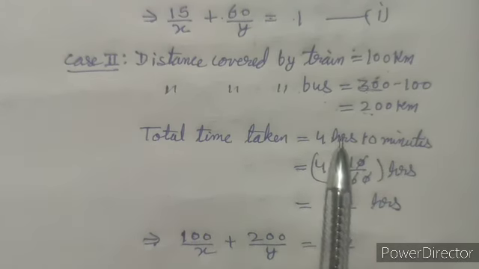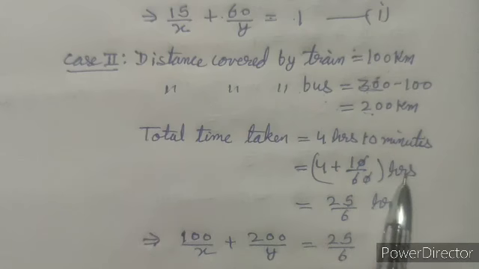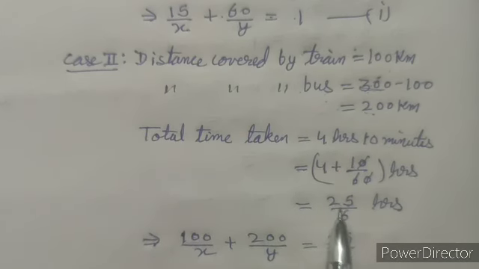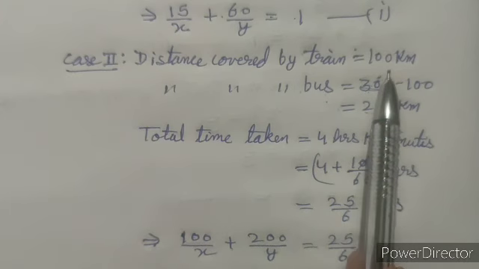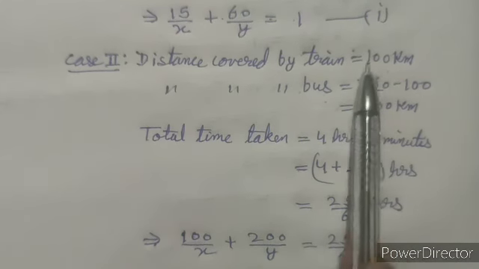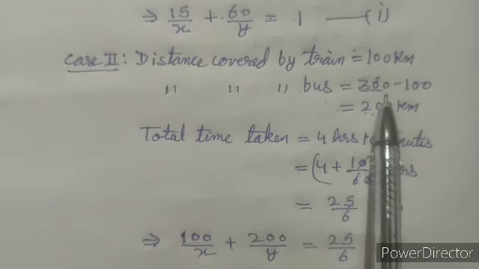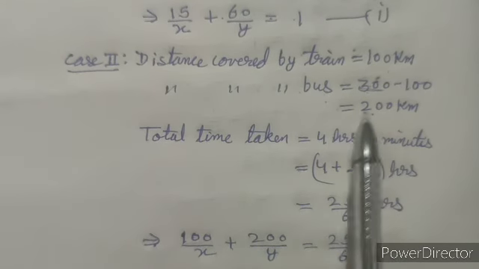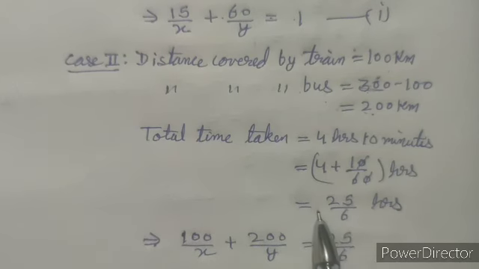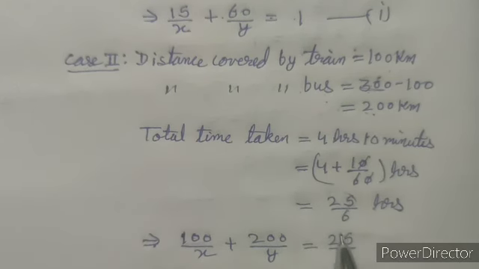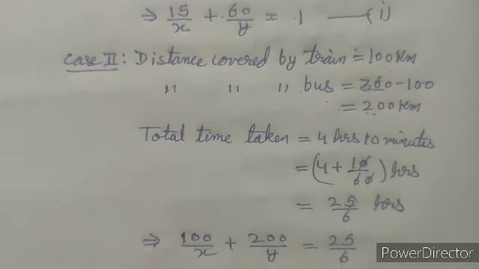So this will be 4 plus 10 by 60 hours, and that will give us 25 by 6 hours. Now the time taken to travel by train will be 100 upon x, and the time taken to travel by bus will be 200 upon y, and their sum will give us the total time taken, that is 25 by 6 hours.